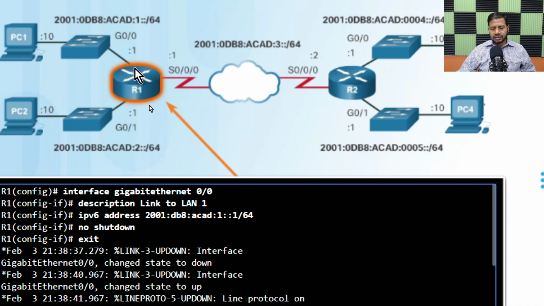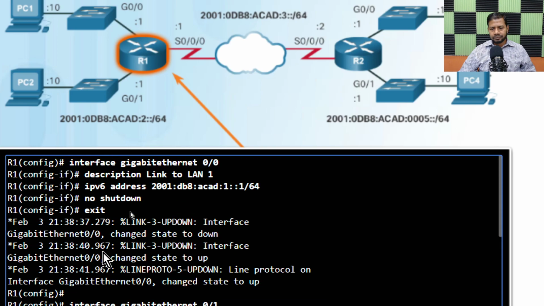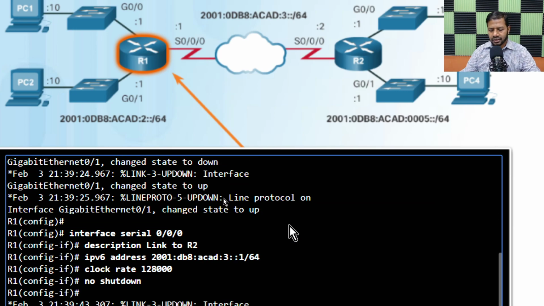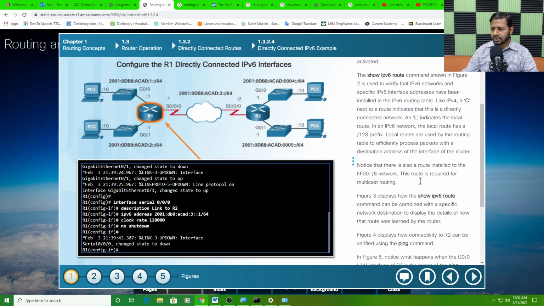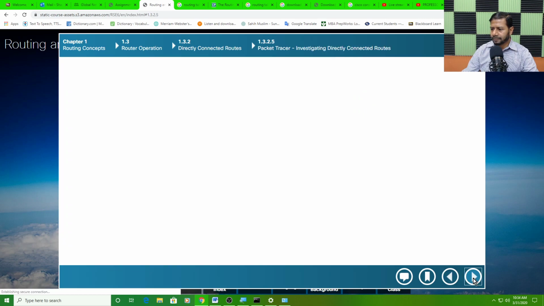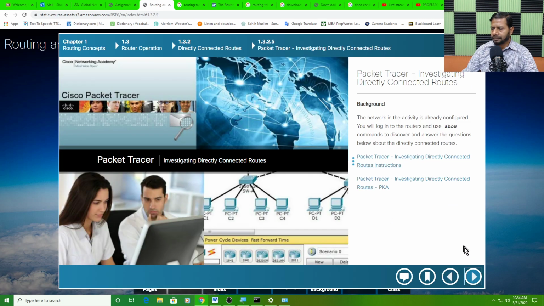This is one interface. So that's how you configure IPv6. Packet Tracer.